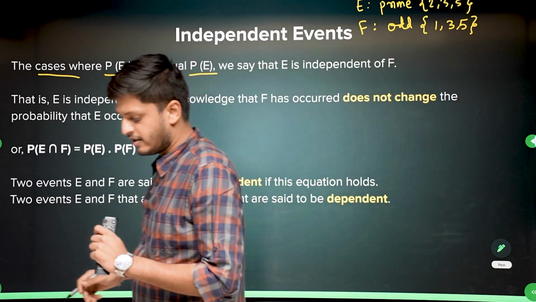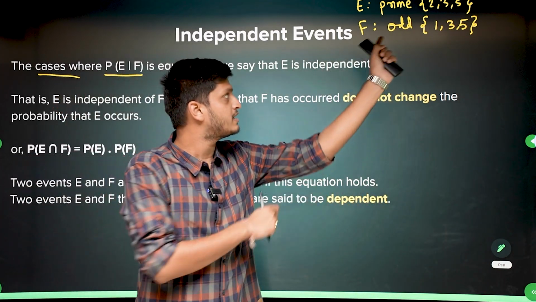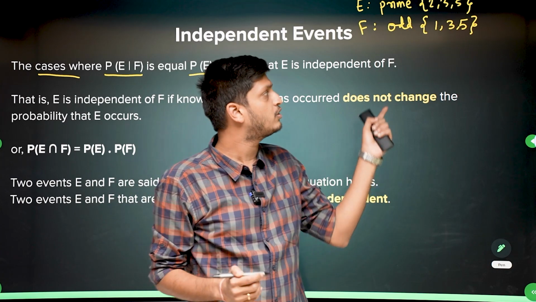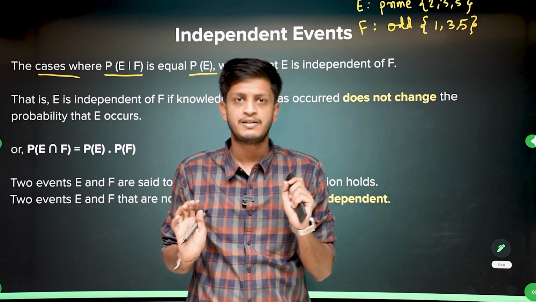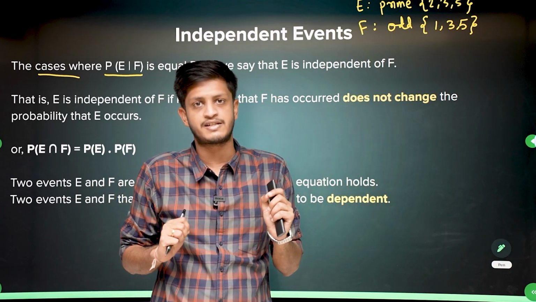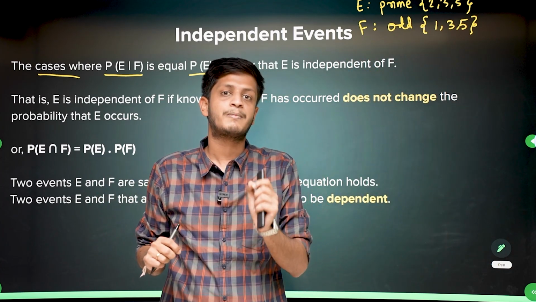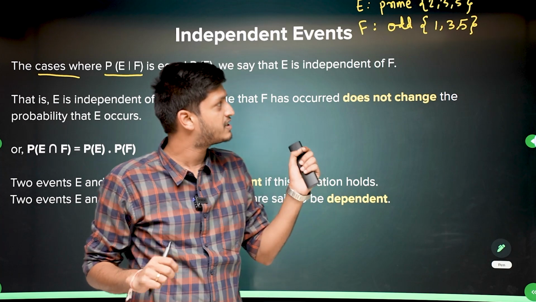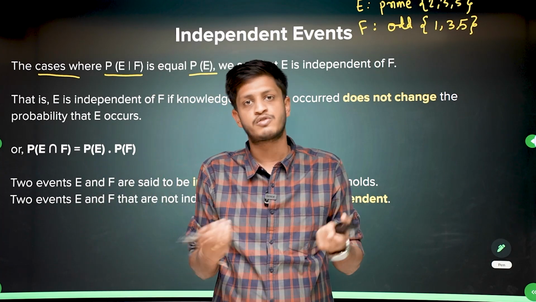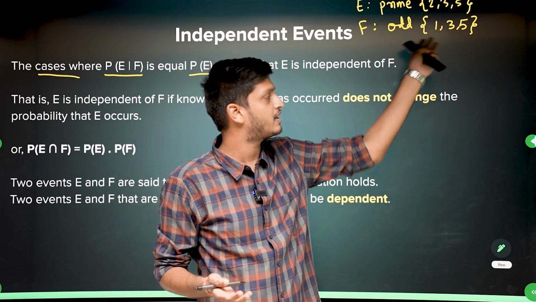When we throw a dice, what is the probability of just event E? It is 1 by 2 because we have 3 possible cases: you can get 2, 3 or 5, they are all prime. So the probability of event E is 1 by 2. Similarly, the probability of event F is also 1 by 2. There are also 3 cases here, 1, 3 and 5.